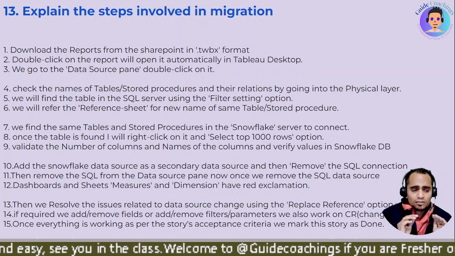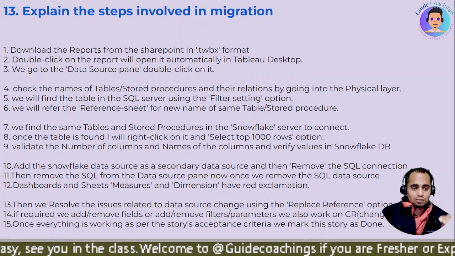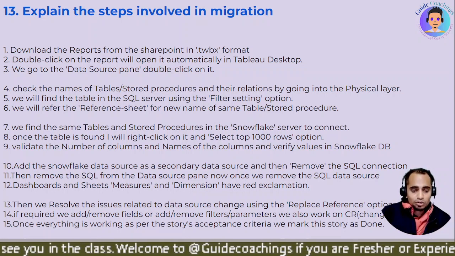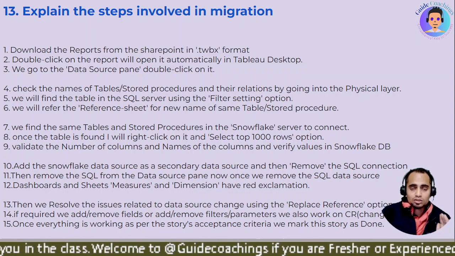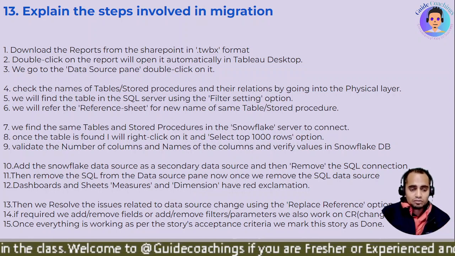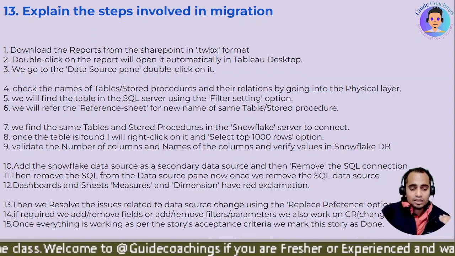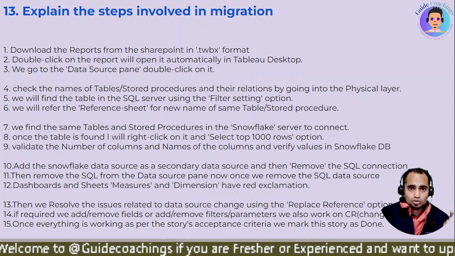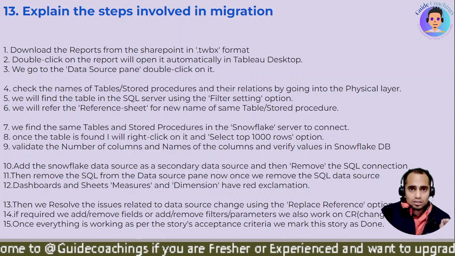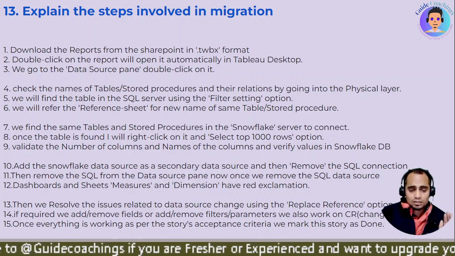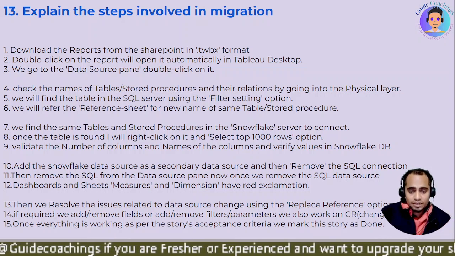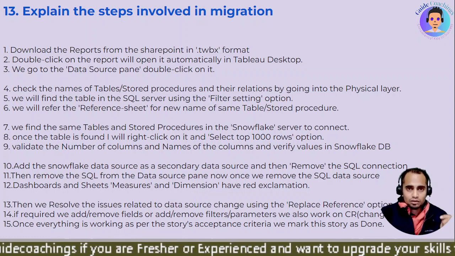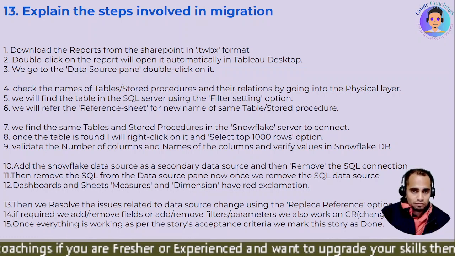So in this step, we click on the data source pane, we go to the stored procedures and tables, and we check the names. We will find the tables in the SQL Server first. Okay, we'll go to the SQL Server and find those table names by using the filter settings option.